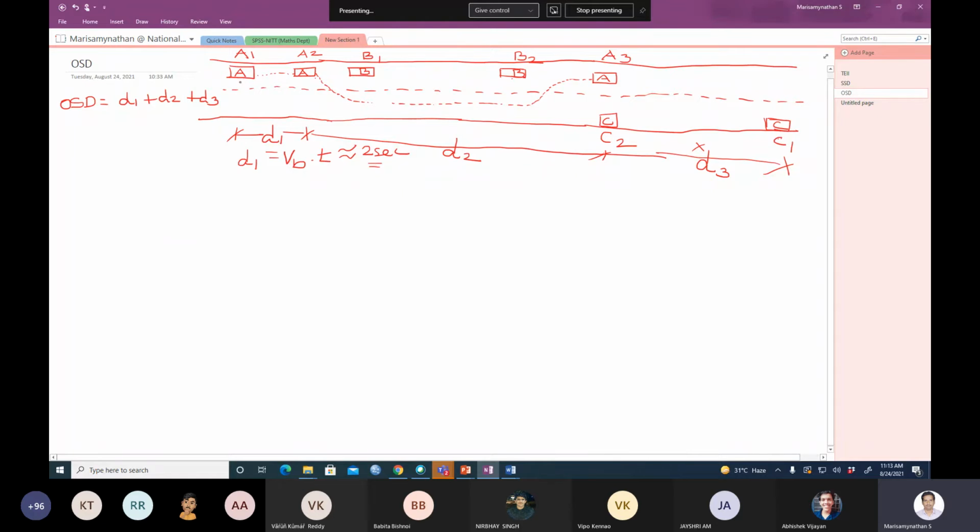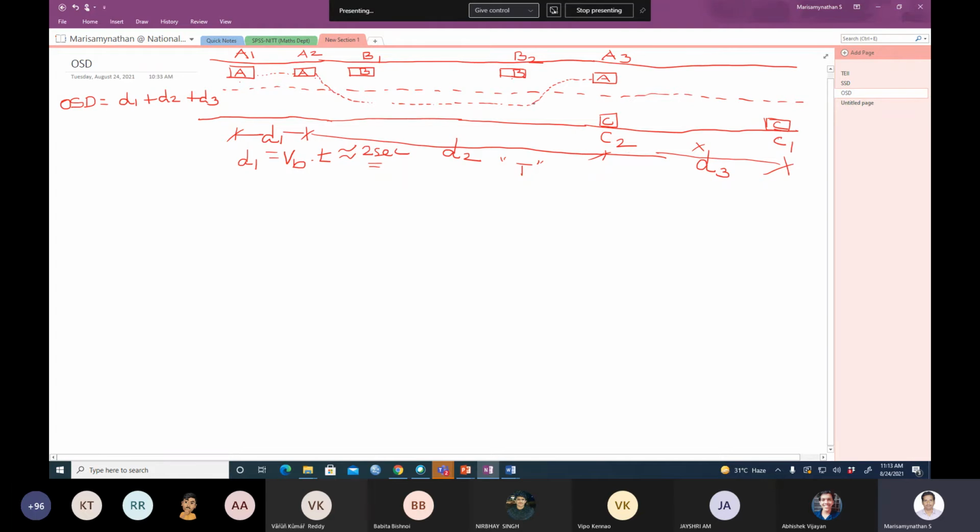That means the distance car A traveled between A1 and A2, where it took the decision of overtaking vehicle B. Then vehicle A goes from A2 to A3. The total traveling time is considered as capital T, the time taken by the vehicle to reach from A2 to A3.